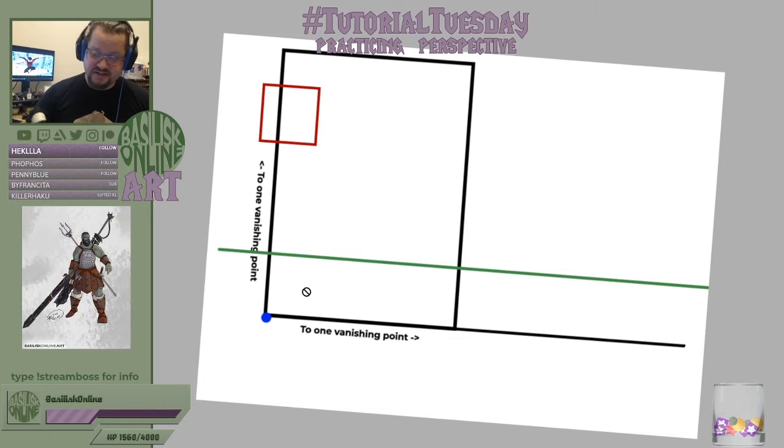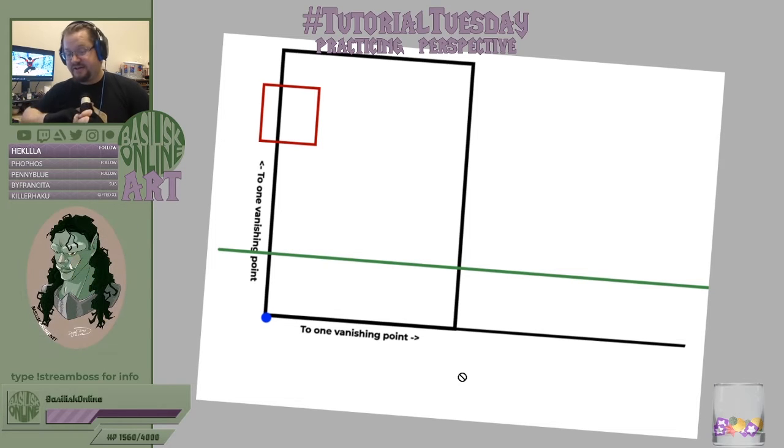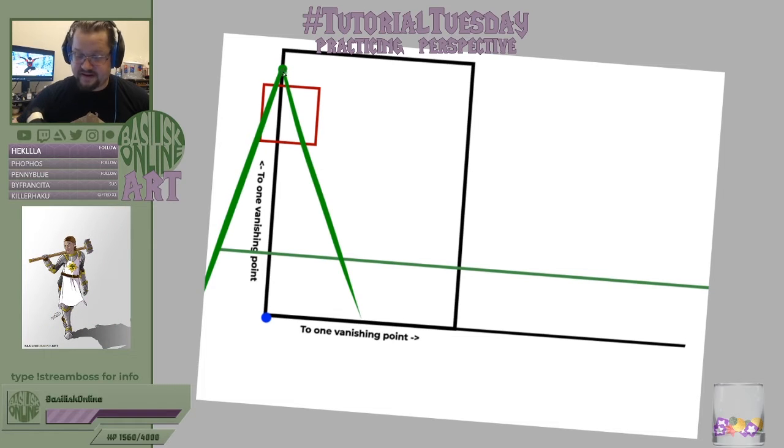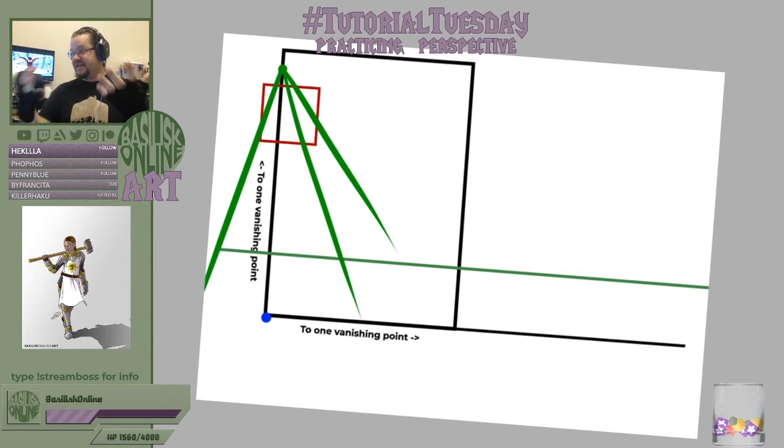And then everything is just coming off of this one vanishing point. And your other vanishing point is parallel to the horizon line, to your eye line, so it doesn't exist. You just have this one here, and so everything coming out of it is going to look like it was coming out of that central area.